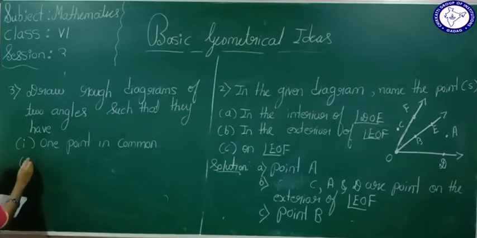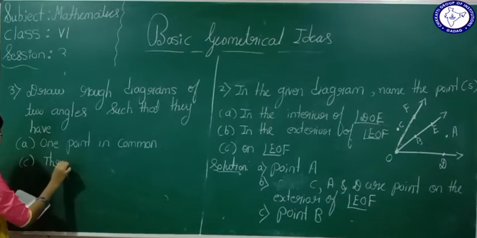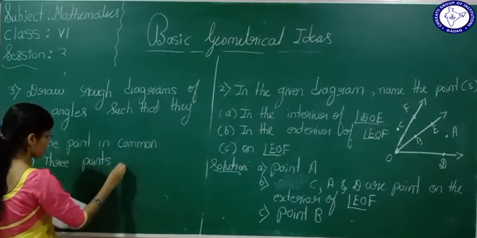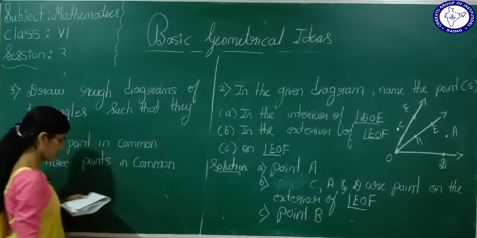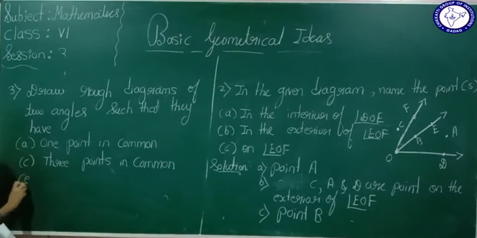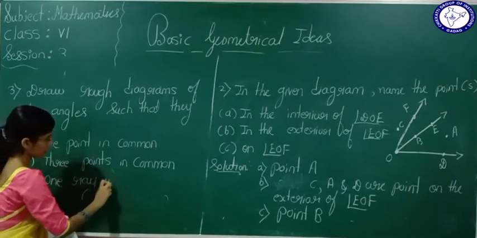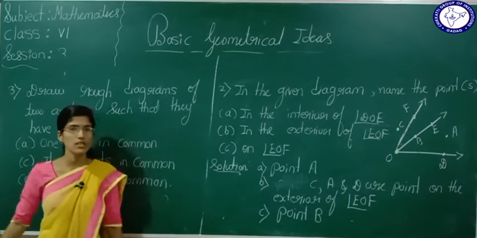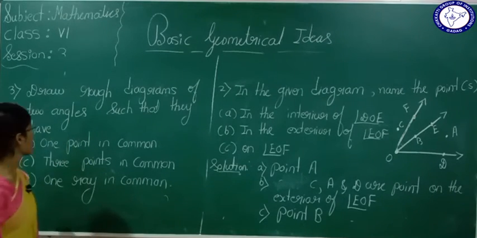So you will definitely go for C1 here; B1 you solve by yourself. C, 3 points in common. E1, one ray in common.